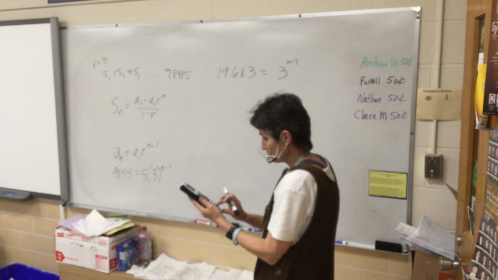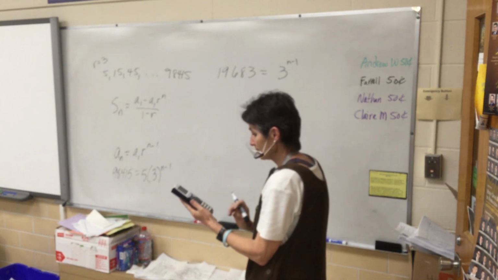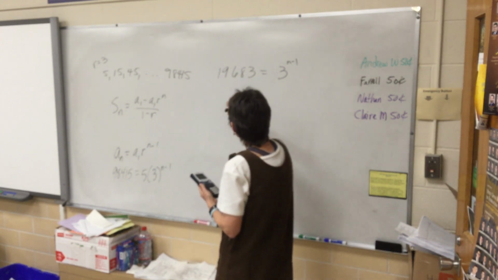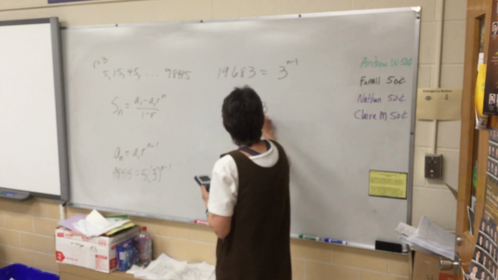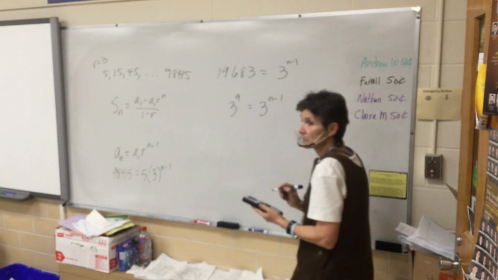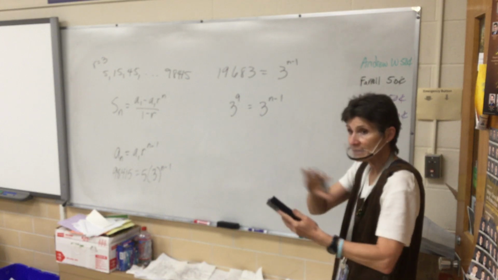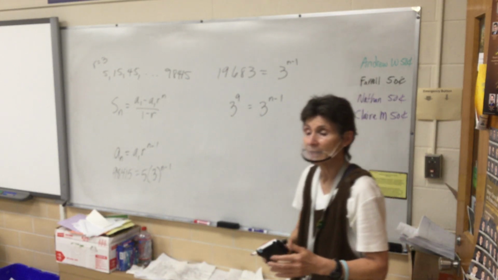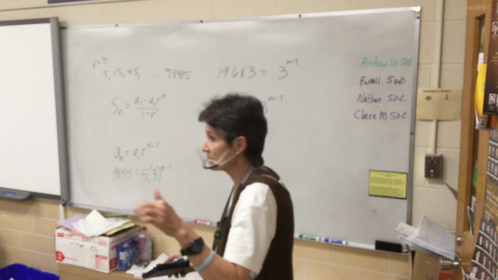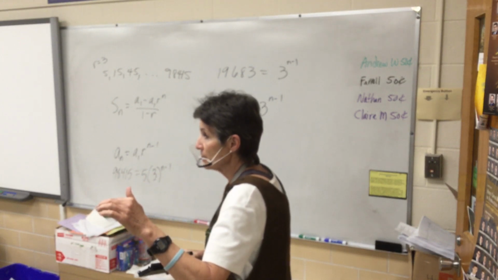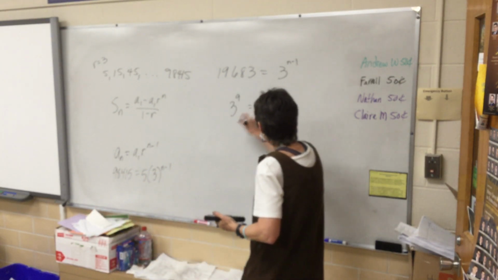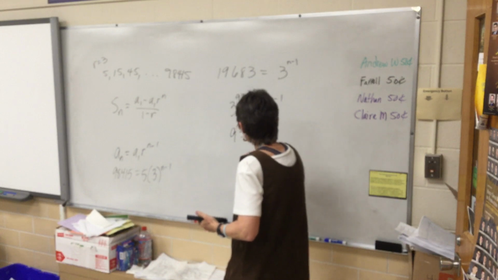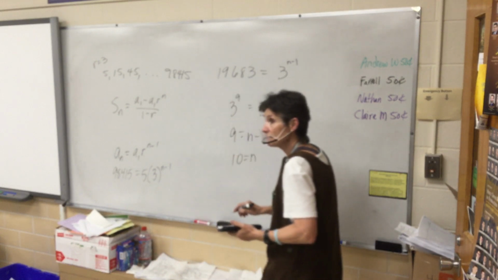Too big. So 3 to the 9th power. There it is. This is 3 to the 9th power. I didn't do anything mathematical except trial and error, which is very mathematical. It's perfectly okay. Now, if 9 equals n minus 1, then n must be 10.